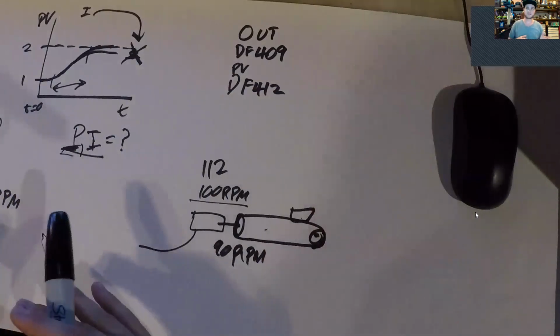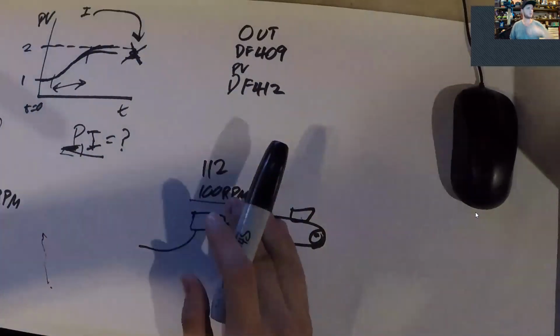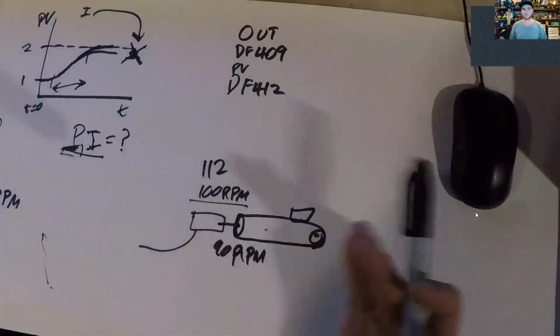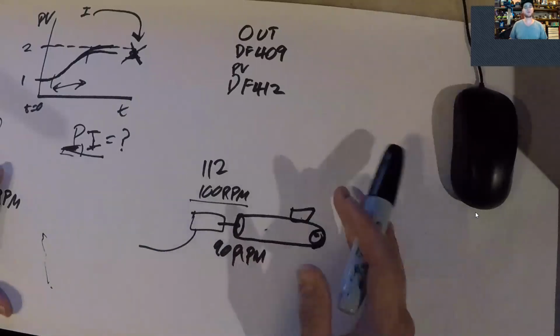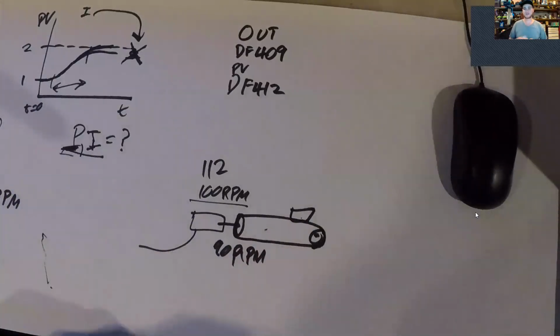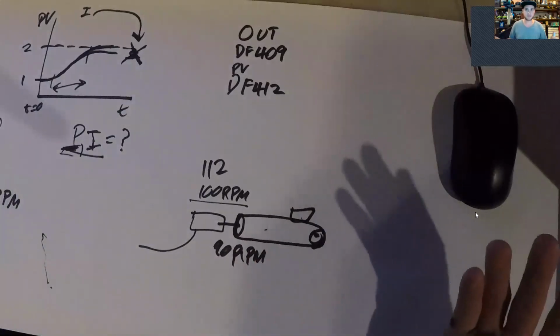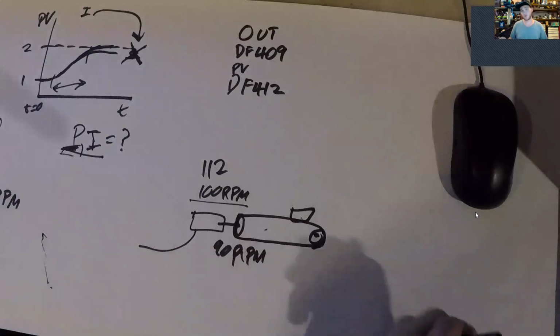We're actually having the opposite problem, where our motor is spinning too fast, and therefore we probably don't want our output to ever be more than 100%. Another point of fact, our VFD won't put out more than 60 hertz. So even if we told it to do more than 100%, it can't put any higher than 60 hertz out, and it won't.